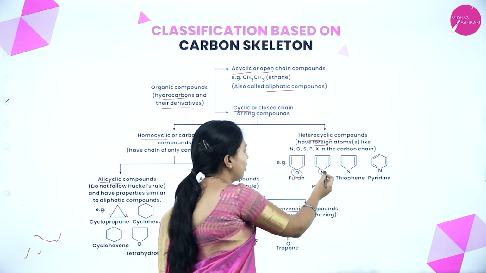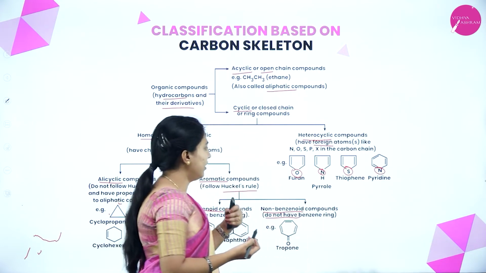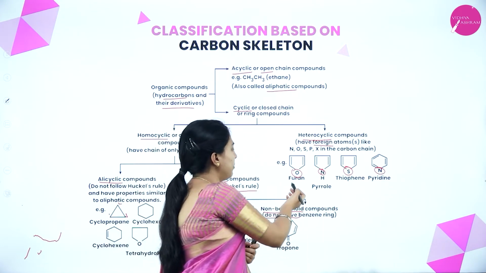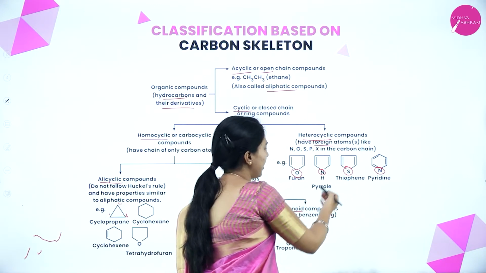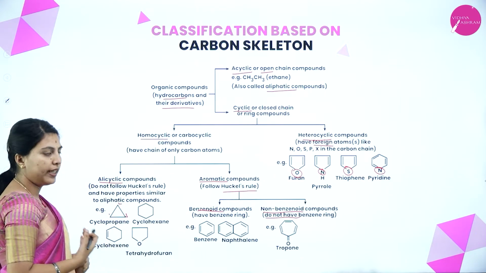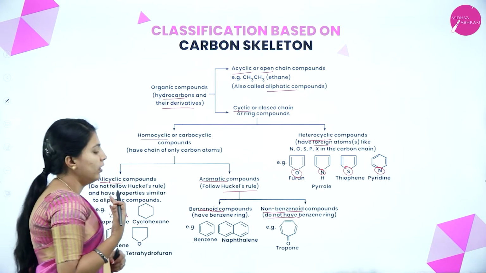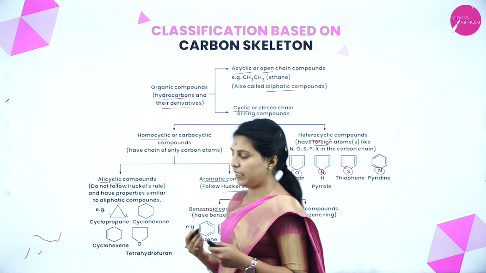These are all the heteroatoms. So if it is attached to a heteroatom, the name will change: furan, pyrrole, thiophene, thio means sulfur, and pyridine. This is how organic compounds are classified based on the carbon skeleton.